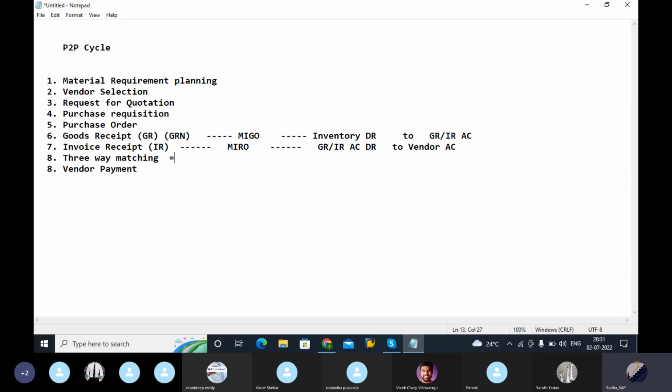Three-way matching. Here, the FICO consultant matches the three documents, that is PO, then GR, then invoice receipt.